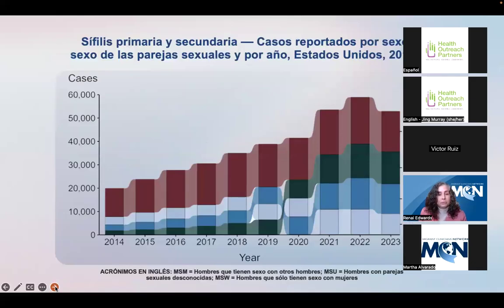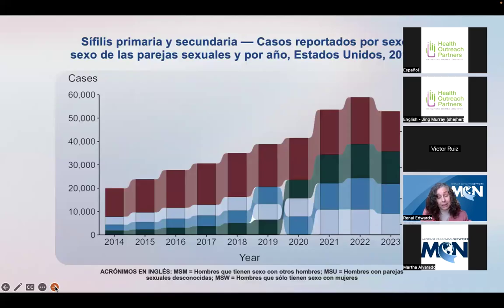During the period from 2014 to 2023, the largest percentage of primary and secondary syphilis cases were among men who have sex with men. So please don't consider this training a call to not focus on testing men who have sex with men, or men in general, because the majority of cases are in fact still among men. During this 10-year period, the number of cases among men who have sex with men increased 41.8%, while the number of cases among men who have sex with women increased 410%.